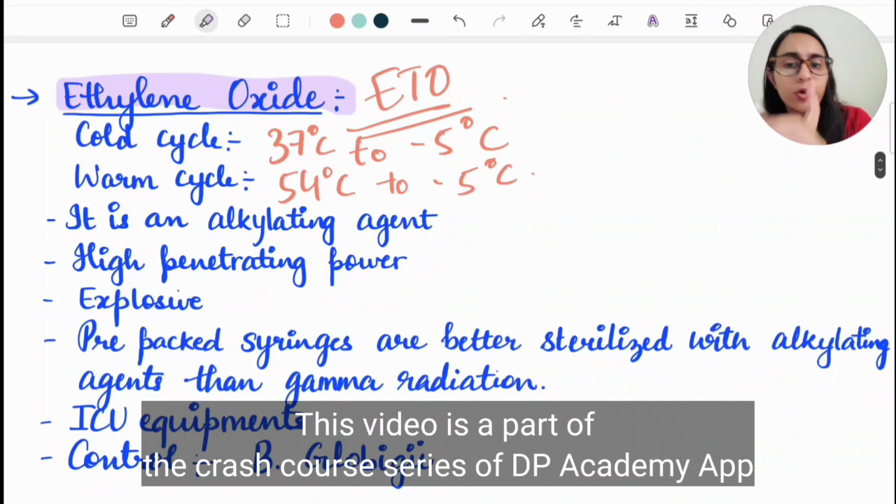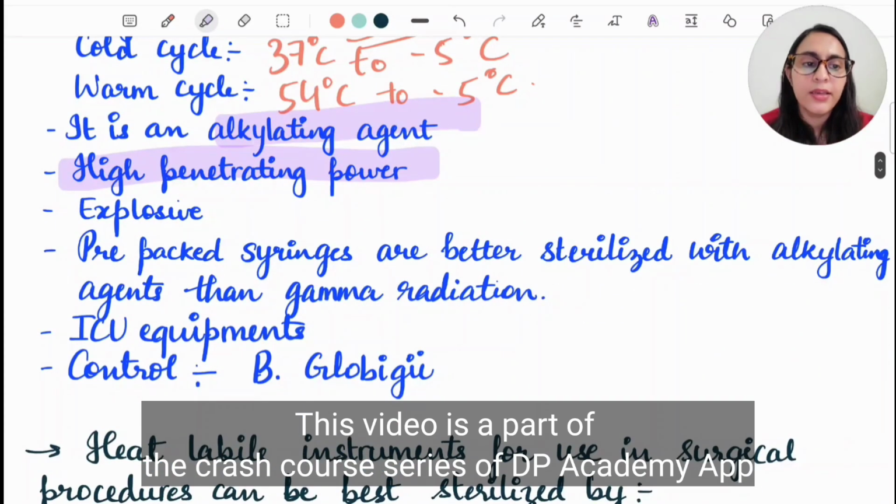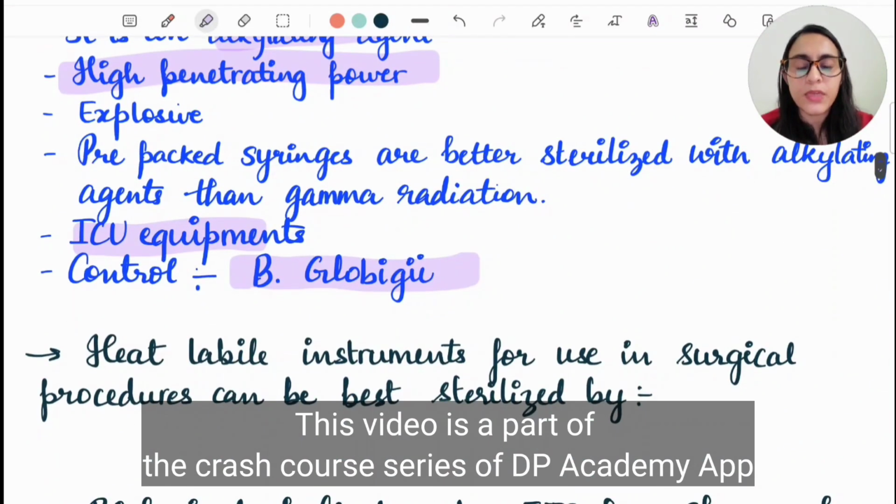So ethylene oxide, important point, is an alkylating agent. It has highly penetrating power. It is explosive, and pre-packed syringes are better sterilized with an alkylating agent than with gamma radiation. It is also used for ICU equipments. And to check the ethylene oxide gas sterilization, we use the spores of Bacillus globigii.